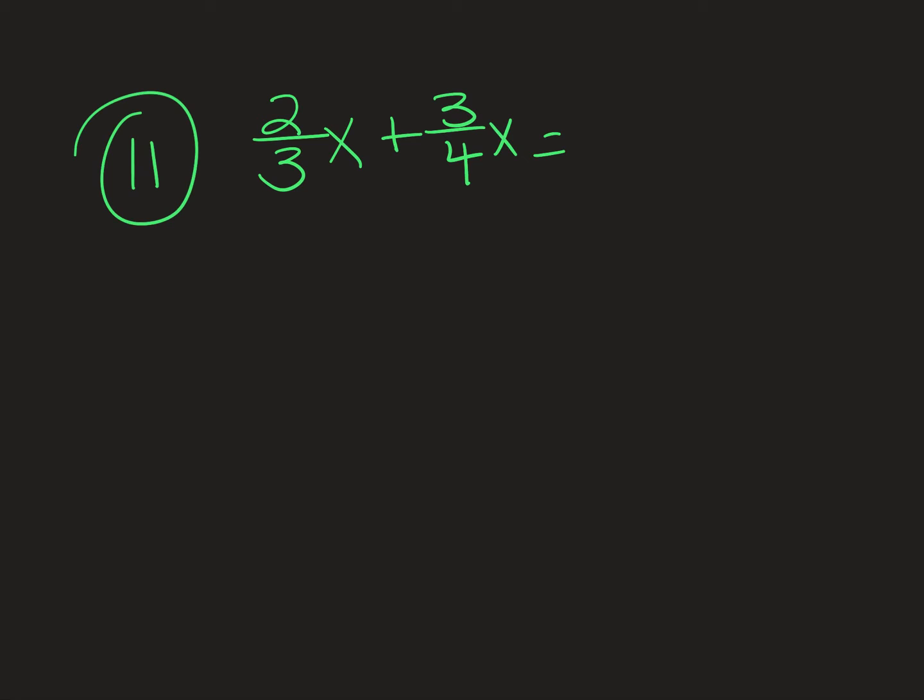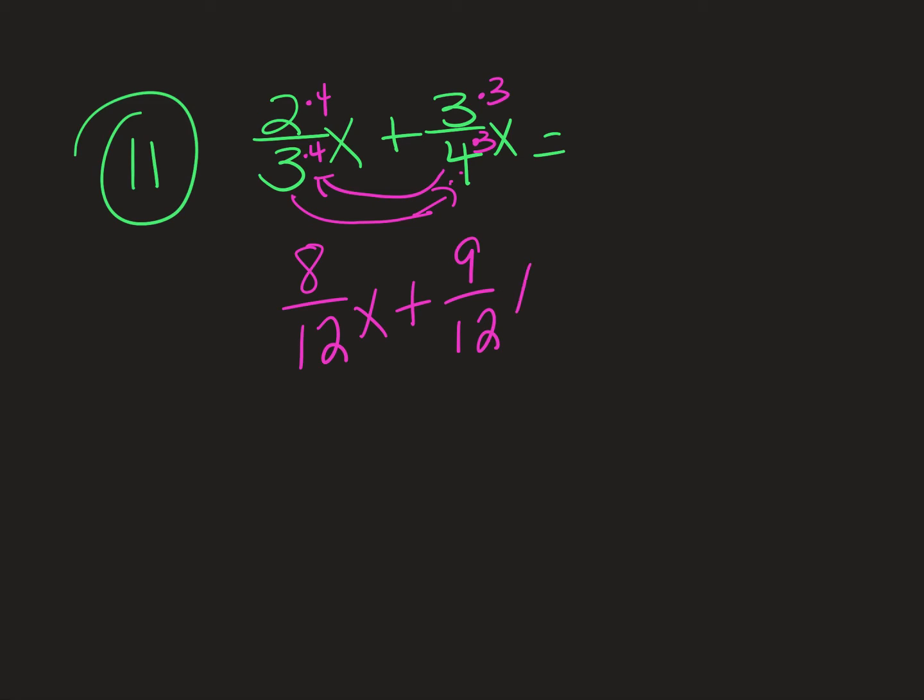When you're adding fractions, you have to have a common denominator, correct? In this case, it would be easy to get a common denominator by multiplying this fraction by times 3 over 3, and this fraction by times 4 over 4, which would be 8 over 12x plus 9 over 12x.